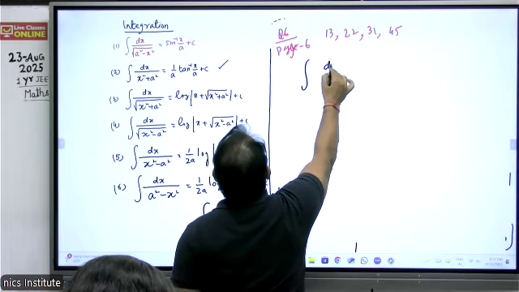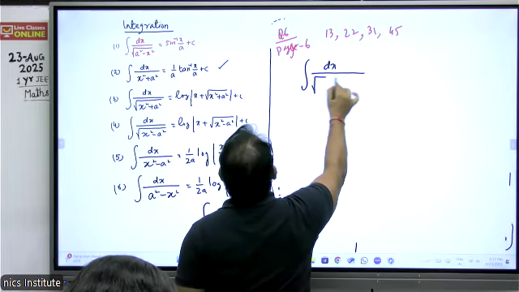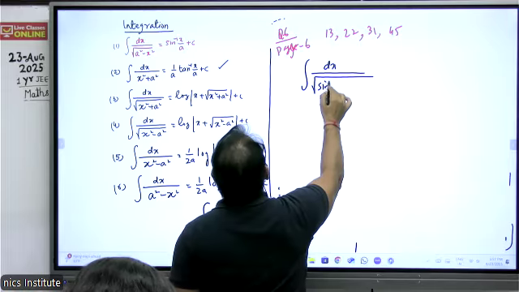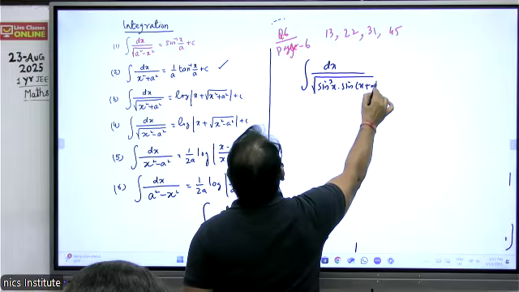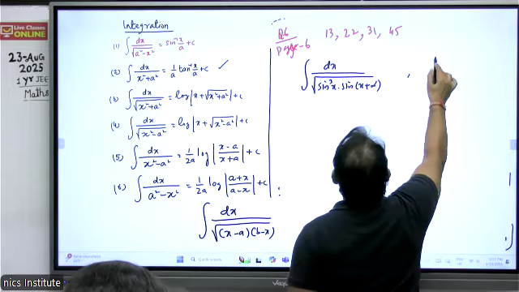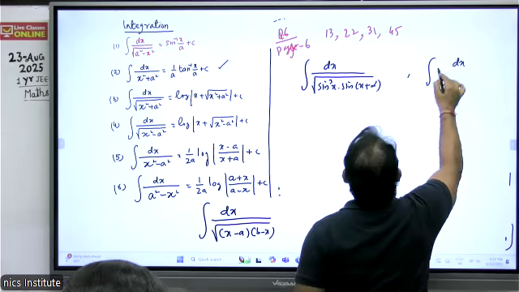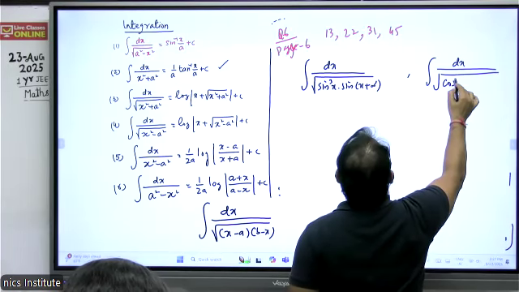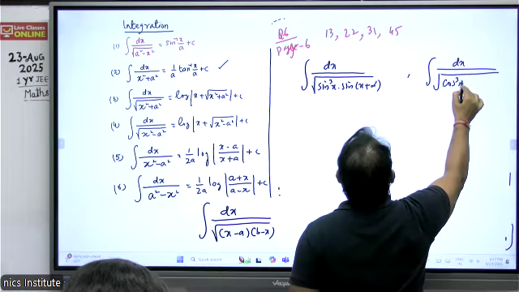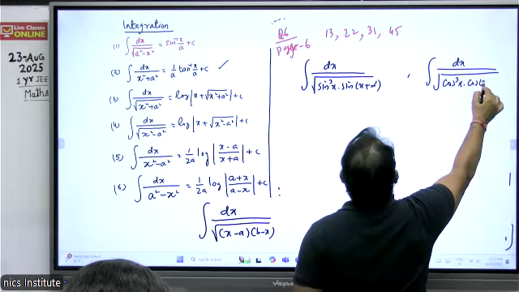It is dx divided by sine cube x into sine of (x plus alpha), right? Alpha is a constant. A similar question you might come across will be cos cube x into cos of (x plus alpha).